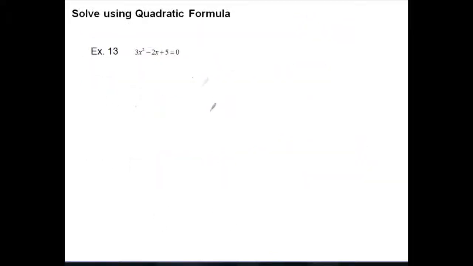Okay, last example is solving using the quadratic formula. So we're going to plug into the quadratic formula, and it just so happens that our answer is going to have i's in it. So your quadratic formula is x equals negative b plus or minus the square root of b squared minus 4ac, all of it over 2a.